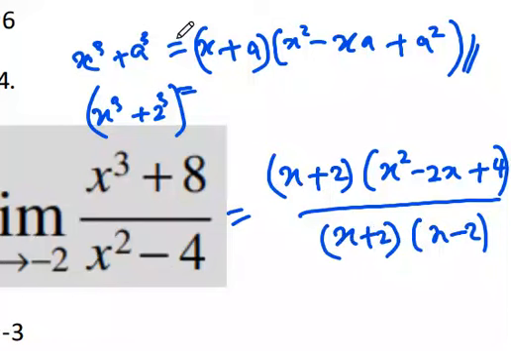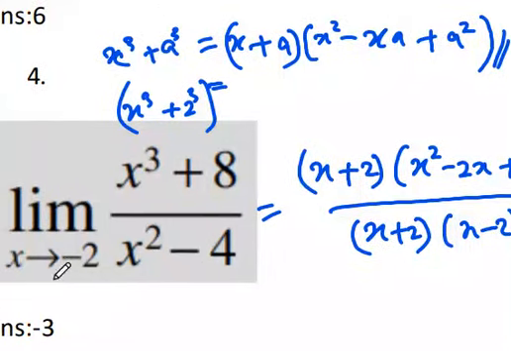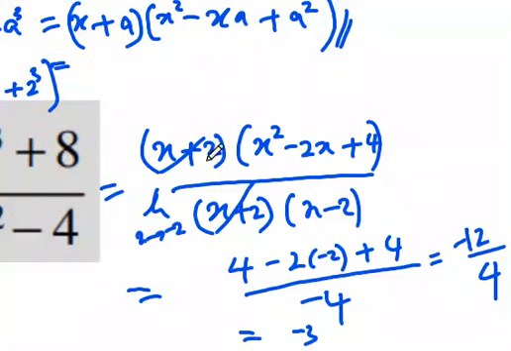We know that when you consider the limit, x approaches negative 2, but x does not get the value negative 2, so you can cross this off, right? Then take the limit of this simplified function.